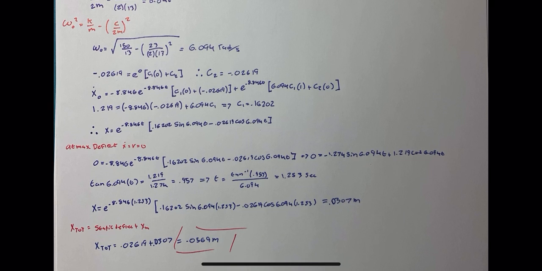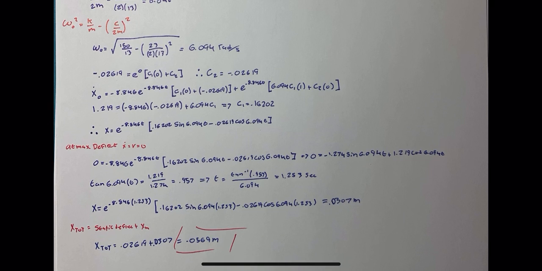After we simplify that, we can use some trigonometric relations and get our time, which should be 1.253 seconds. After we get our time, we have everything we need to plug it into the equation fully. We'll do that, and we get 0.0307 meters.